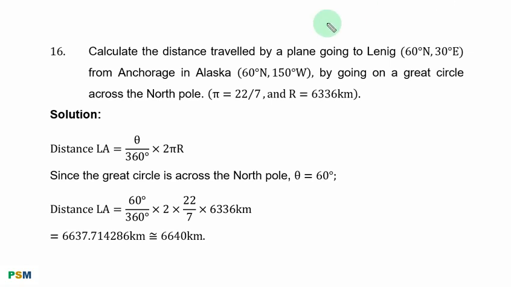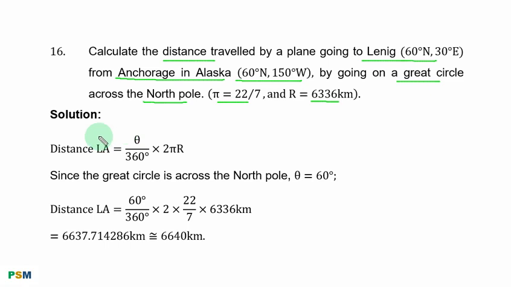Example 16. Calculate the distance traveled by a plane going to this city with the given information, from this city with the given information, by going on a great circle across the North Pole. Pi equal to 22/7 and the radius of the earth equal to 6,336 kilometers.